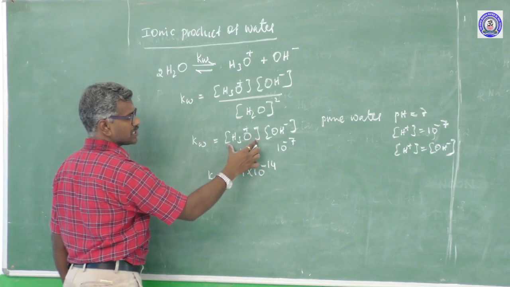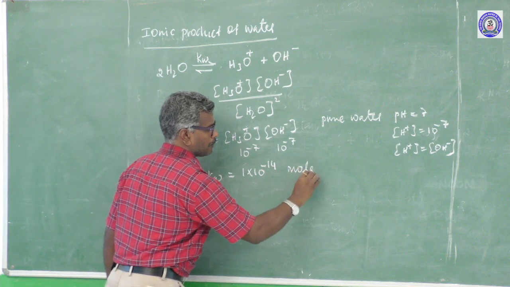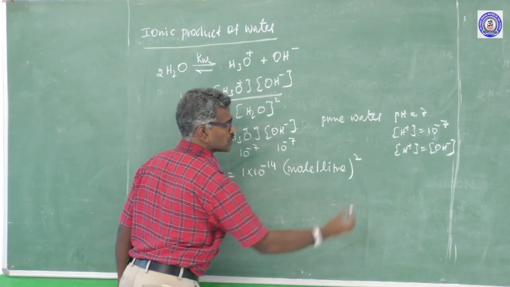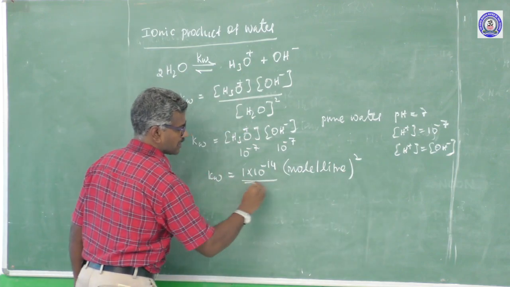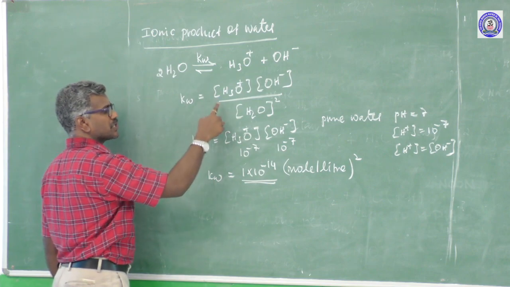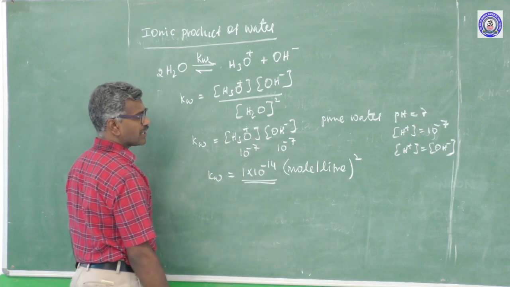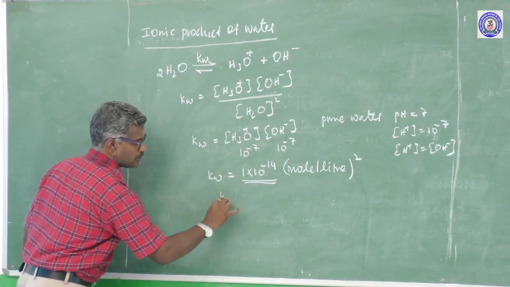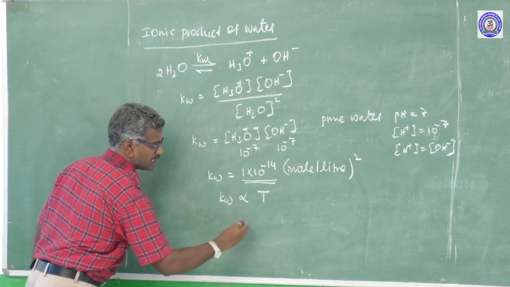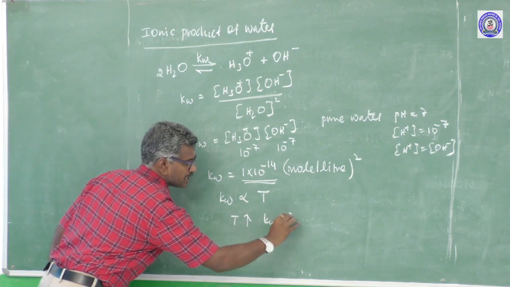Concentration is measured in mole per liter, so the unit is mole squared per liter squared. This value is known as the Kw value. Kw depends upon the temperature. If the temperature increases, Kw also increases.